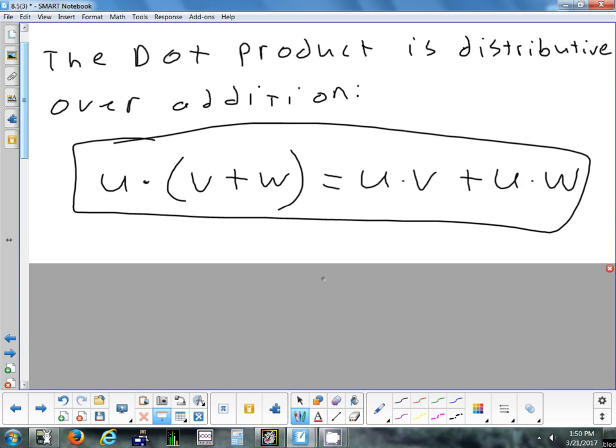And what we can really use the dot product for is to find the angle between two vectors. Now, let me put in a page for a second because I just want to show you something.